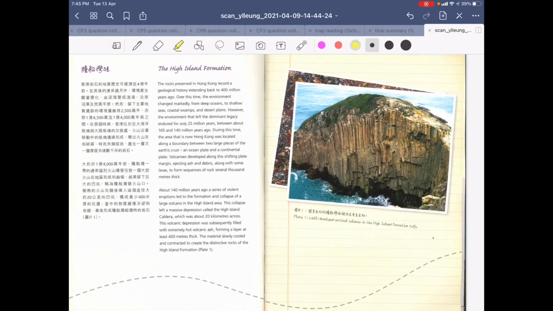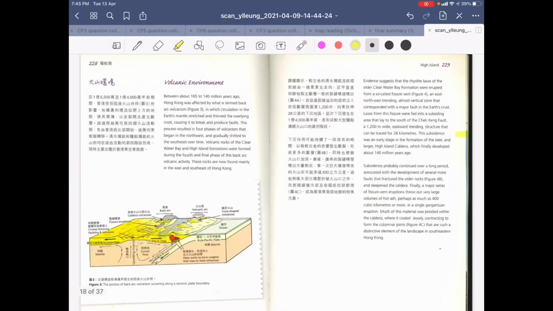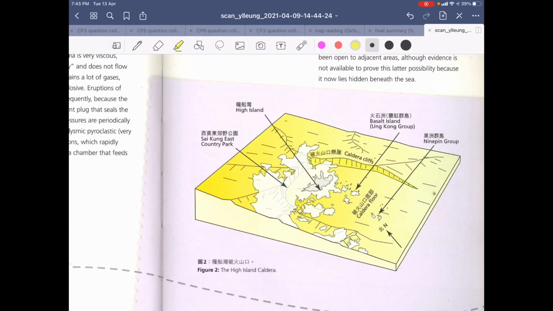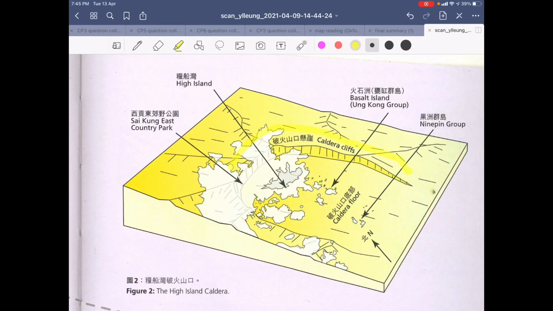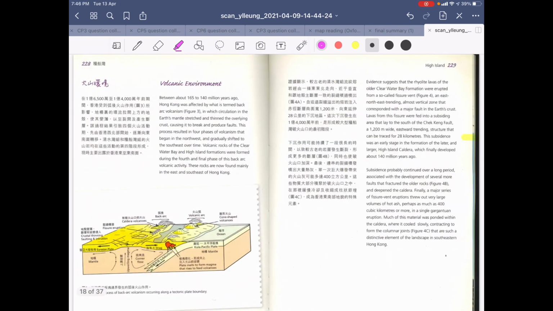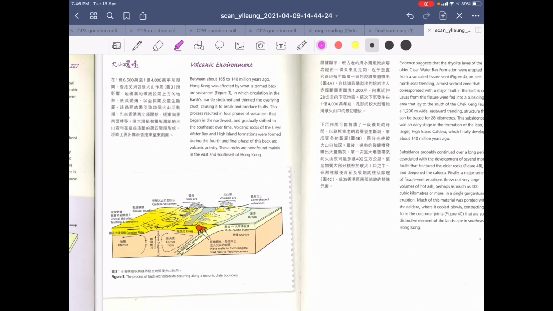Why the hexagonal columnar joint is formed is because previously the whole, let me change to another color, the whole High Island is in the caldera of Hong Kong, and most of the island that links to the High Island Reservoir indeed is the fragment of the volcanoes that was exposed violently. But why is there a volcano here?